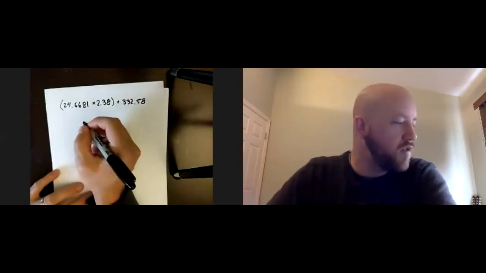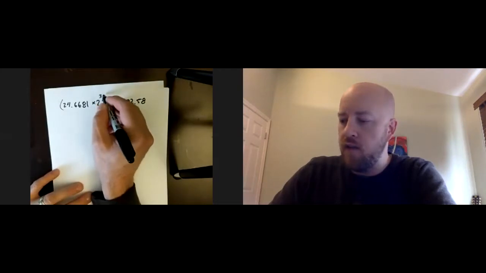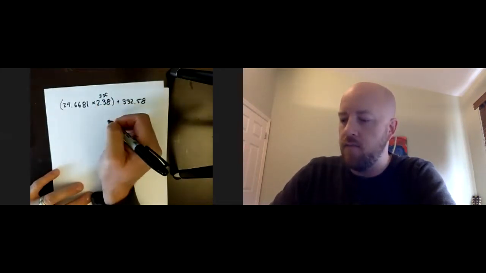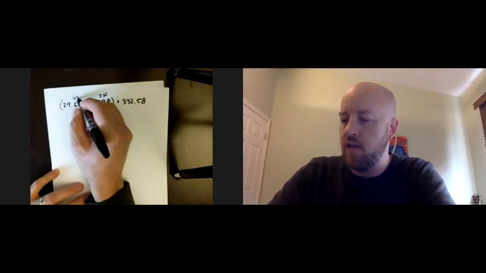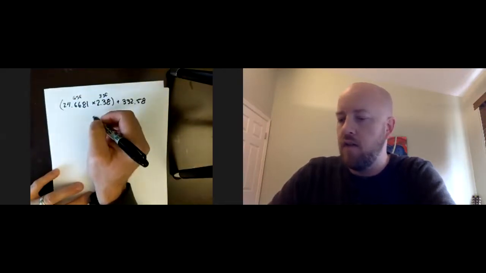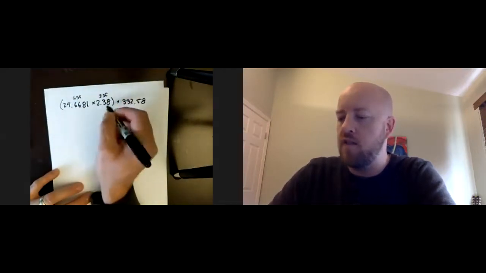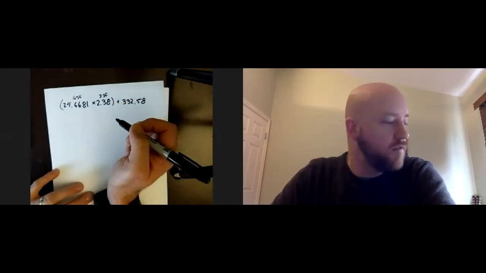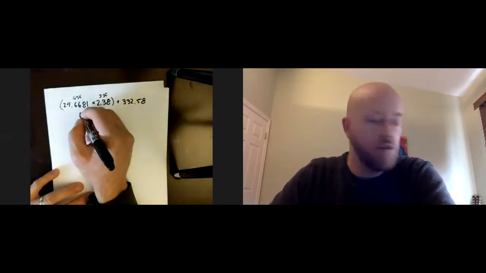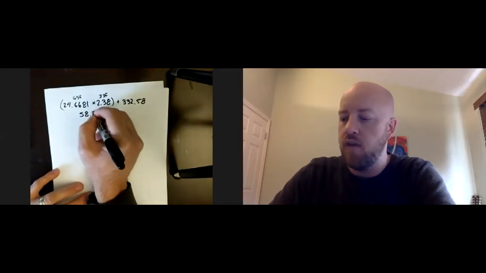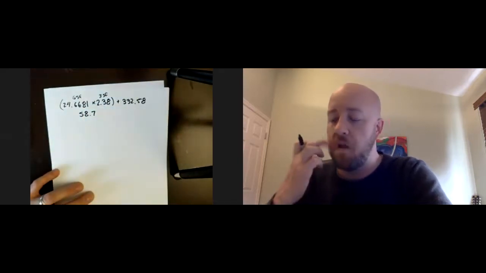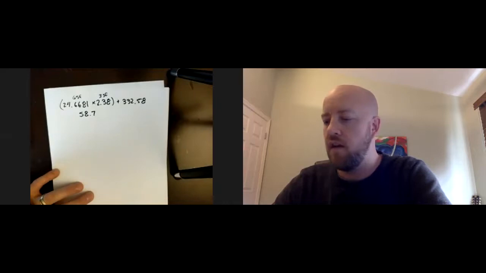We have 3 sig figs and 6 sig figs. So when I multiply these two together, my answer will have 3 significant figures. In this case, it comes out as 58.7.